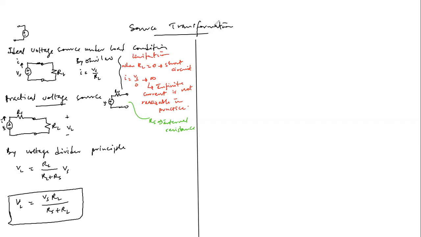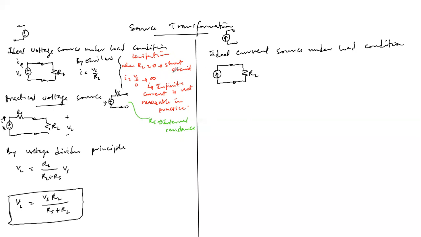Now let us consider the ideal current source. We know a current source looks something like this, right? So if we consider an ideal current source under load condition, this is RL.